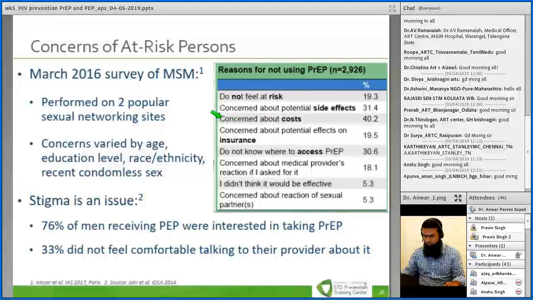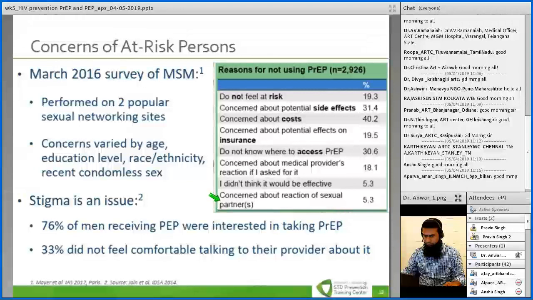At the patient level or the client level, these are the concerns or the reasons for not using PrEP, and the most common reasons were concerns about costs and concerns about potential side effects of the drugs, and again they didn't know where to get PrEP from. But there are others also, like not feeling at risk and concern about potential effects on insurance, which may not be applicable here.